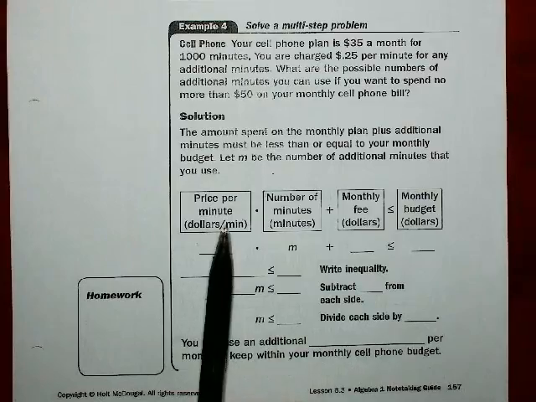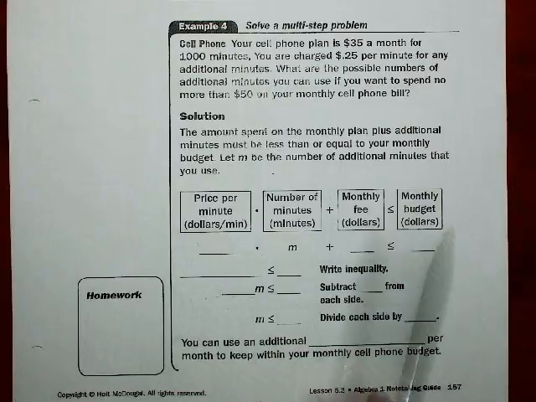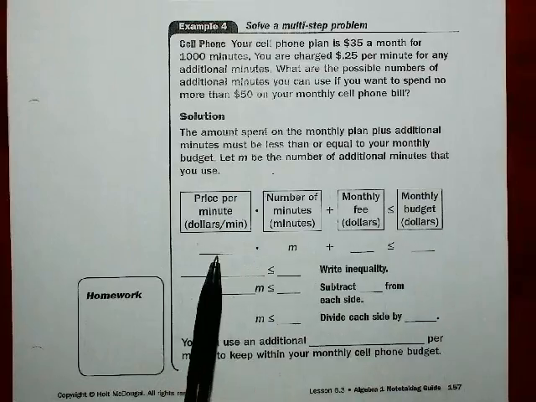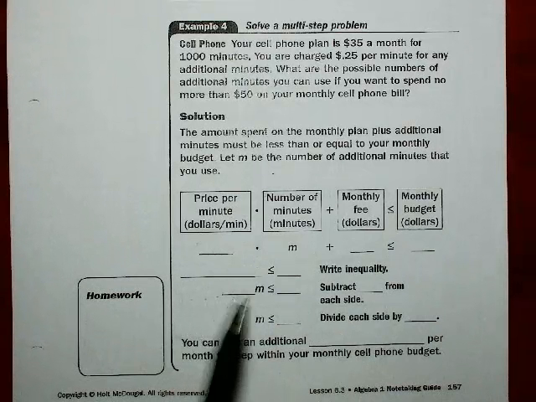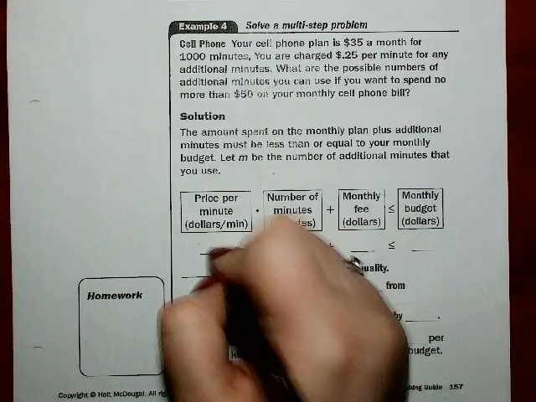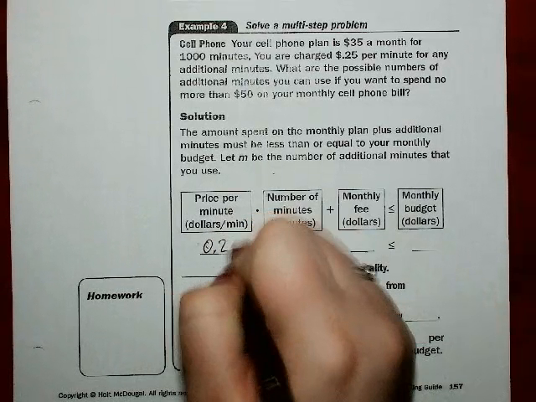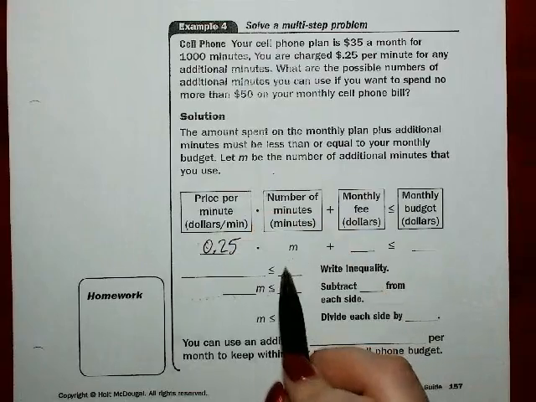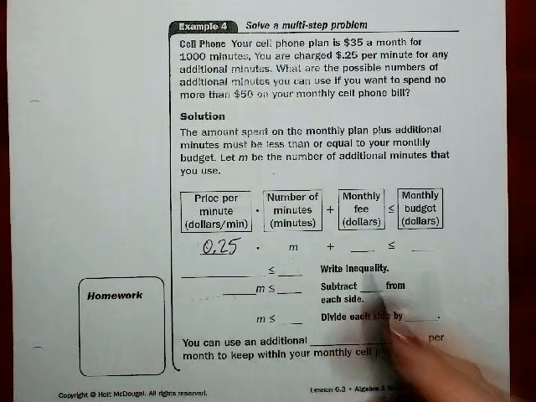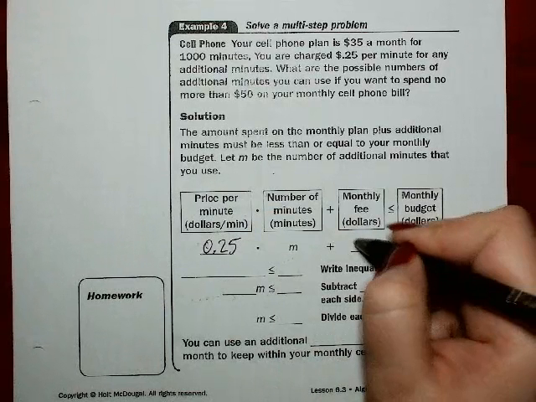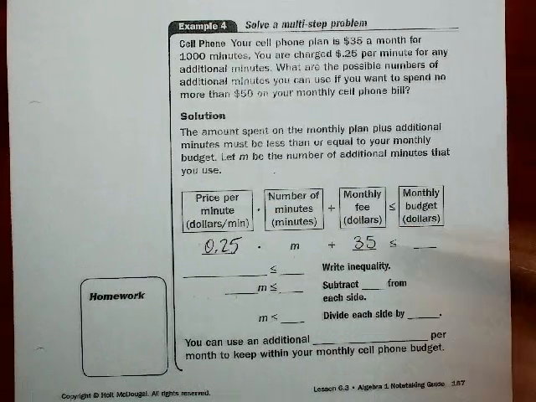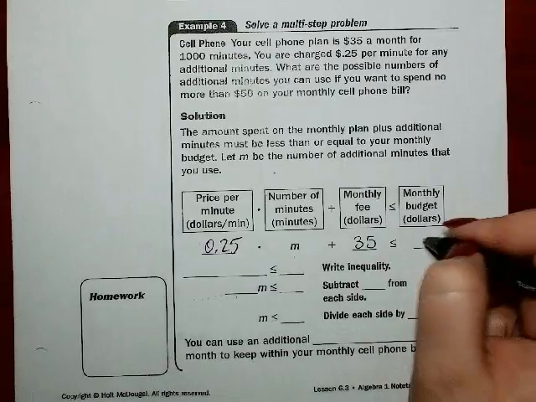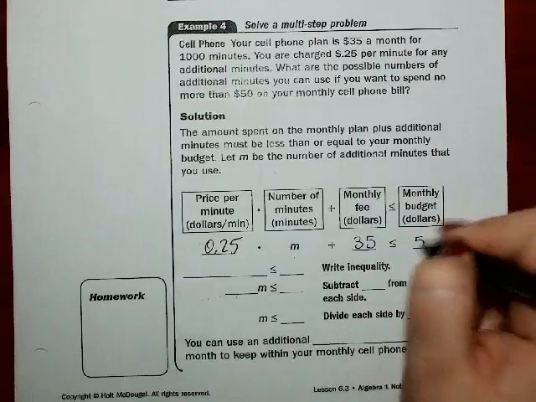So we have a visual equation here. So our price per minute is 25 cents. So 0.25 times the number of minutes that we go over plus our monthly fee, which is always $35, is less than or equal to 50 because that's our monthly budget.